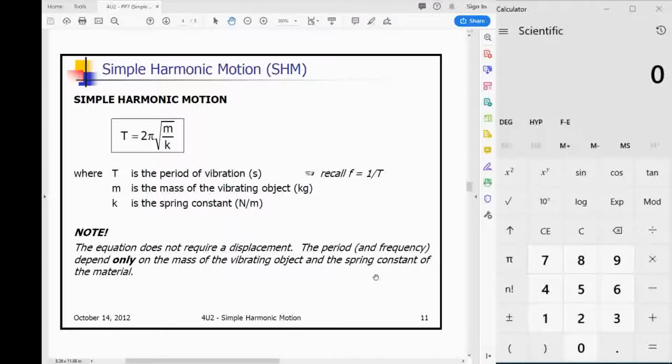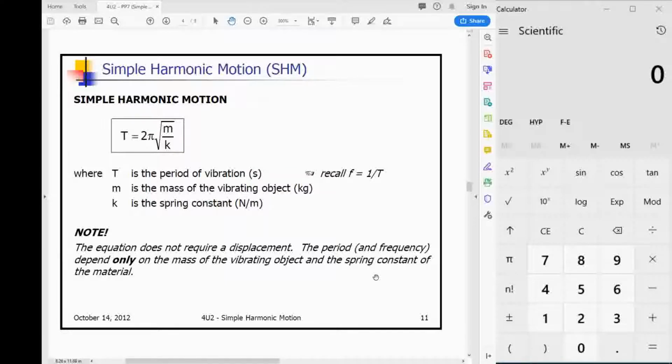Now, the period of simple harmonic motion, because we have a sinusoidal function, and because a circle is 2 pi radians in terms of distance that would be traveled around a circle, we can actually calculate what the period is of a certain spring that will experience simple harmonic motion, using a function that's shown here.